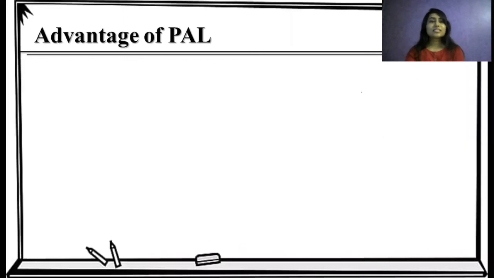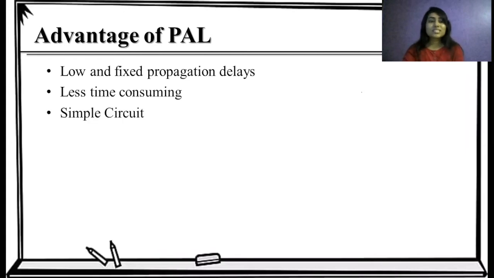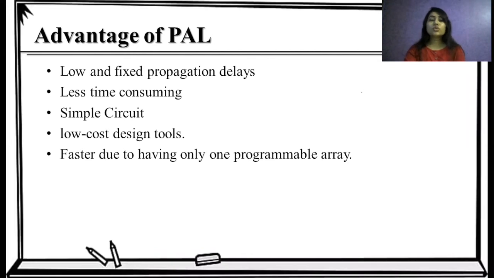Now let's discuss the advantages of this programmable array logic. This PAL has a low and fixed propagation delay because we have only a programmable AND gate and a fixed OR gate. So we have low propagation delays, less time consuming, a simple circuit, low cost design tools, and it is faster due to having only one programmable array.